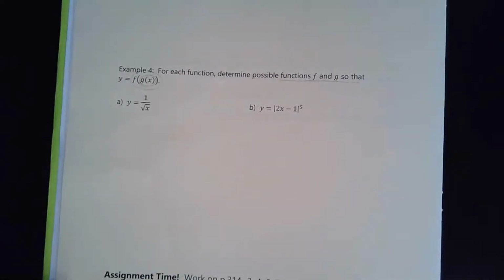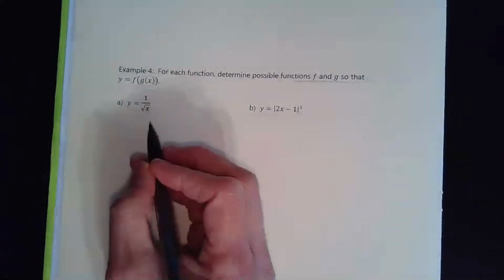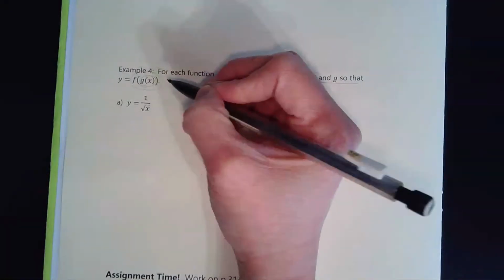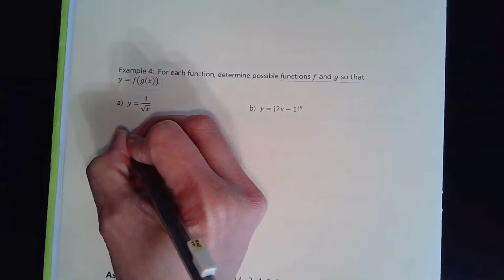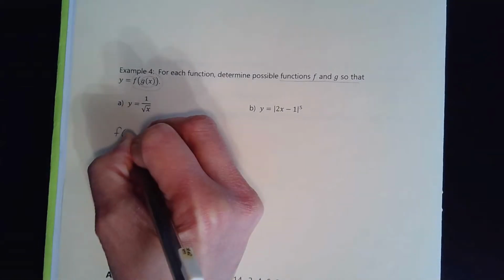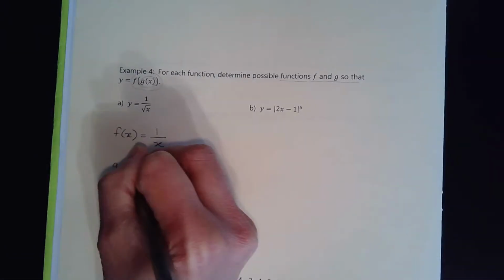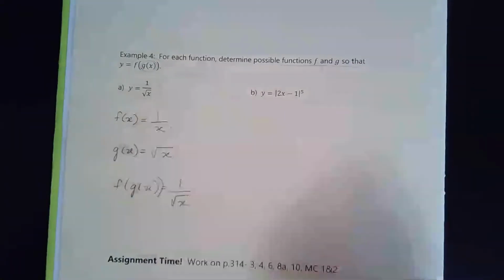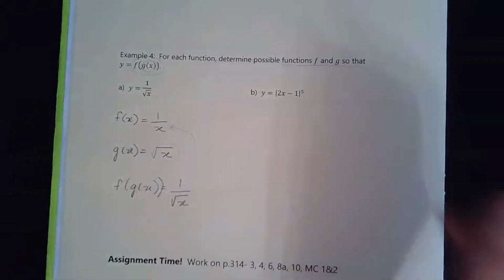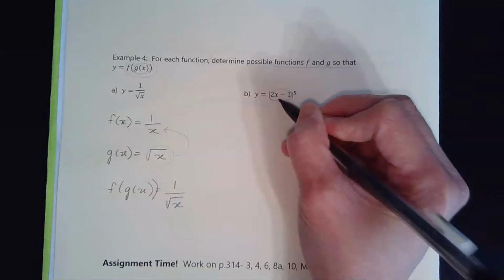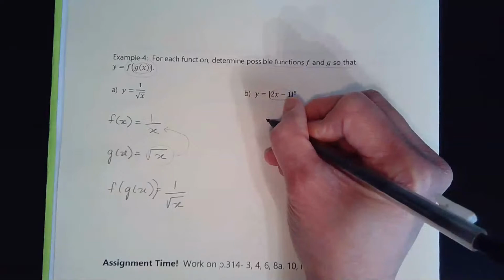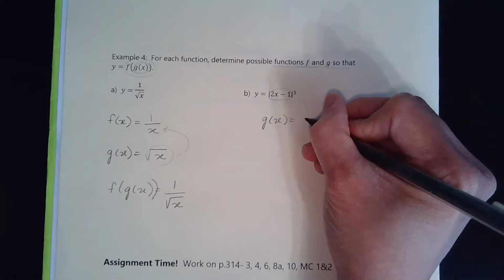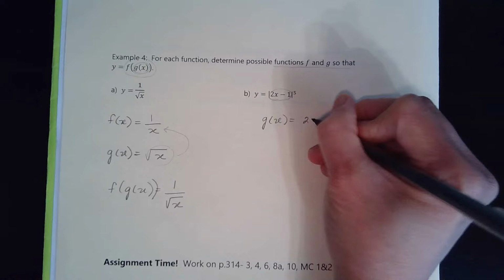So in this particular case, we could choose f of x and g of x. Let's take a look at letter B. Letter B, we'll have my g of x, that's going to be 2x minus 1.